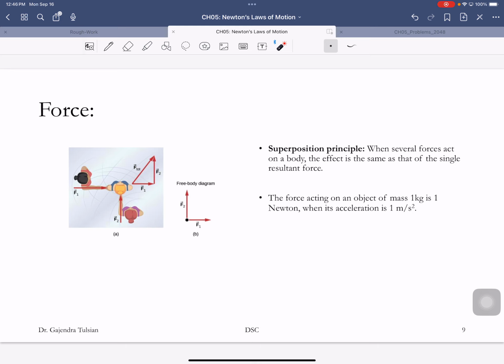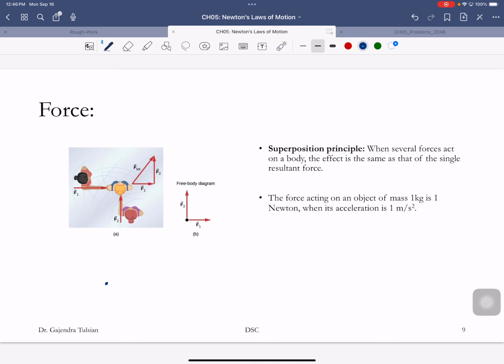Now, there are multiple forces acting on her. This girl is applying a force like that, and that girl is applying a force like that. What the superposition principle says is the following.